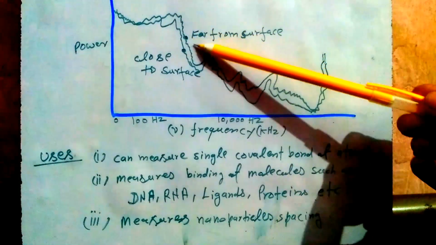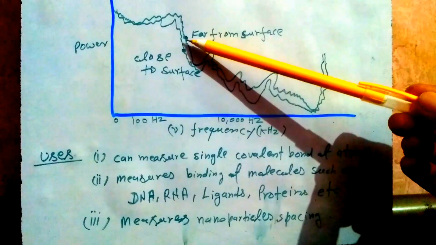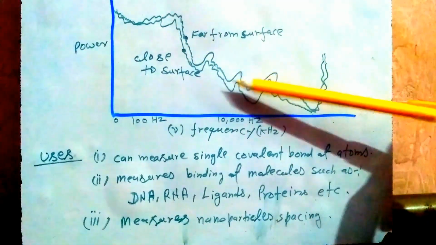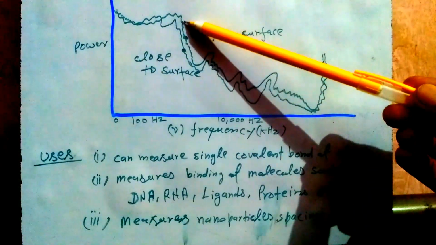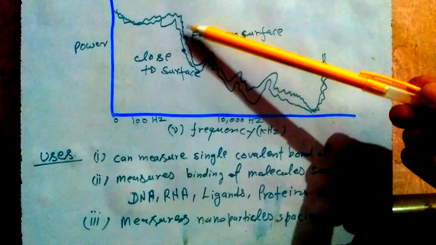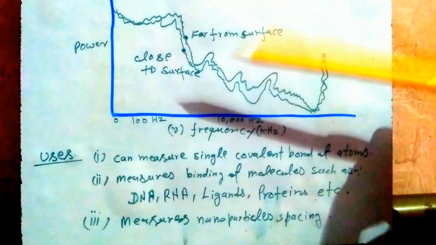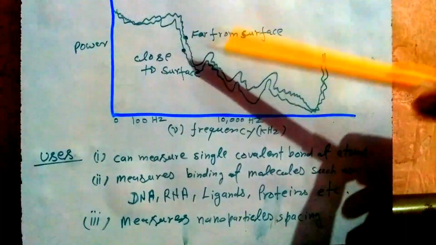This is the graph for the probe far away from the surface. If the probe is very close to the surface, then the second graph applies, the graph for the probe closer to the surface. So the two graphs, for distance high from the surface and distance close to the surface, are recorded by the topography detector or photodetector.